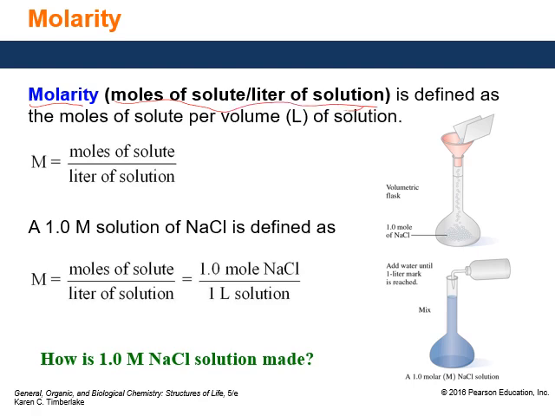Okay, remember this. This is the formula for molarity. This is not a percentage. This is simply moles of solute divided by liters of solution. So this is a very important unit that is used very commonly all throughout chemistry, and you will see this being used all throughout this course. So make sure you understand this particular unit.